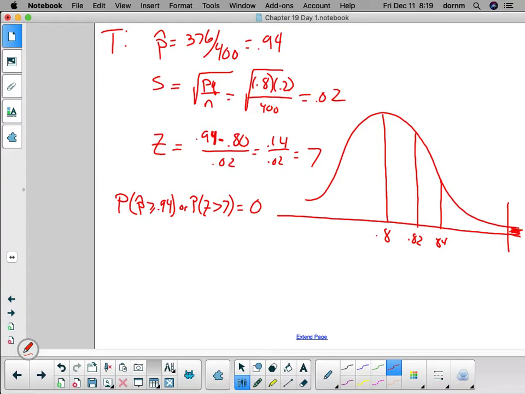But let's go ahead and do this in our calculator real quick, just to practice. So we're going to go to Stat, Tests. This is going to be one proportion Z-test, number 5. My P0 is 0.8. My X was 376. My N is 400. I want to know, whoops, shoot, hit the wrong button.